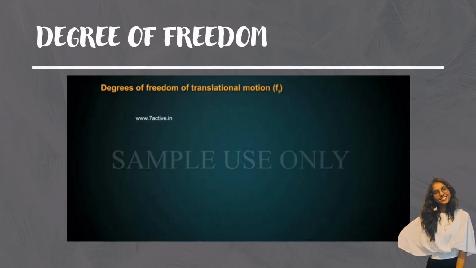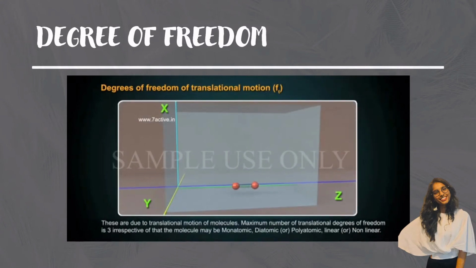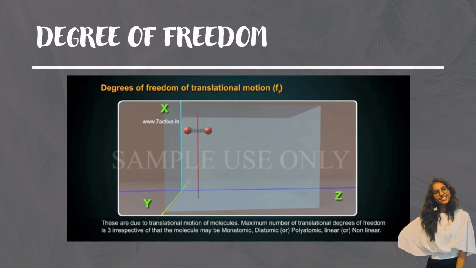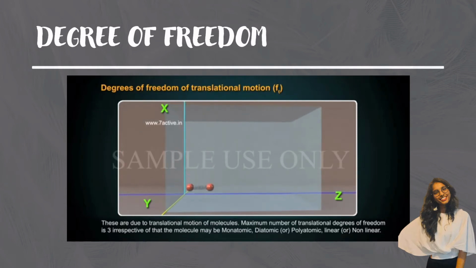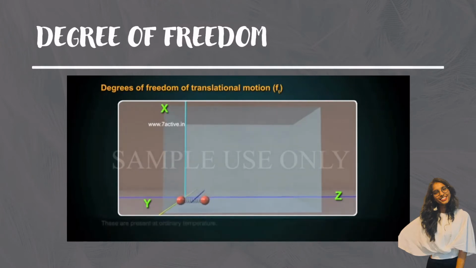Degrees of freedom of translational motion, Ft. These are due to translational motion of molecules. The maximum number of translational degrees of freedom is 3, irrespective of whether the molecule is monatomic or polyatomic, linear or non-linear. These are present at ordinary temperature.